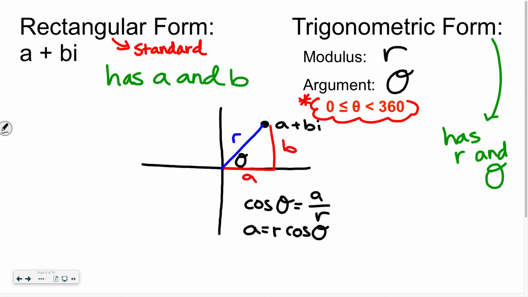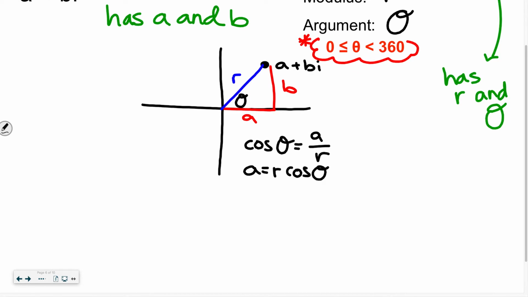And then how would you get B? Sine theta, right? If we set up sine theta equals what? Opposite over hypotenuse, B over R, then B is equal to R sine theta. So remember, I just asked you, if you have A and B, how can you write them with R's and thetas?